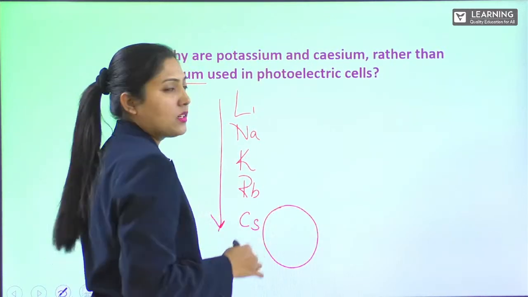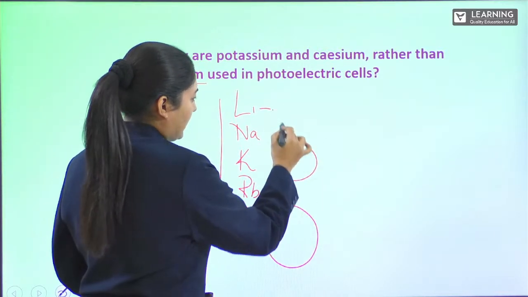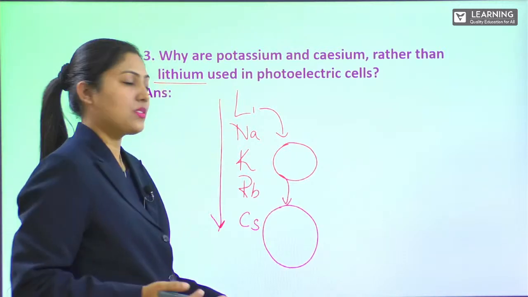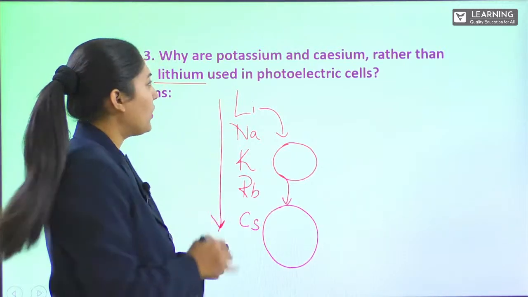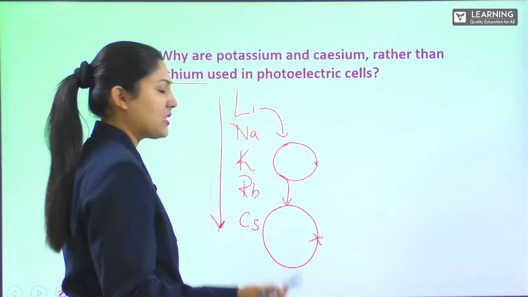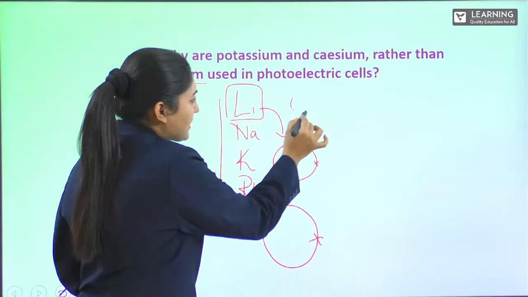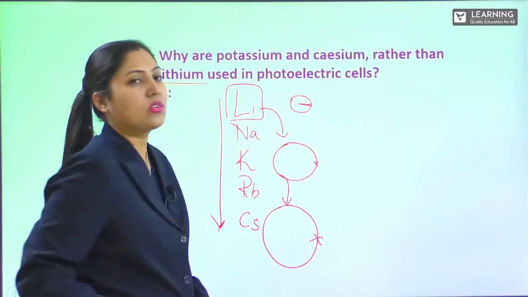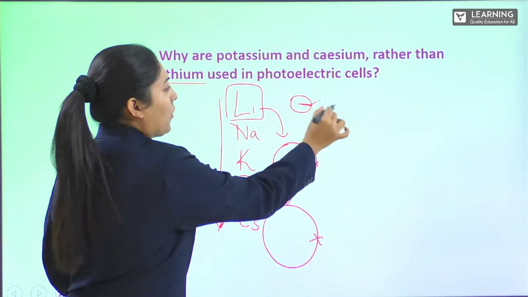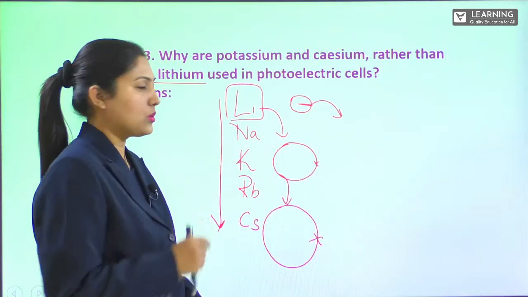The size of potassium is larger than that of lithium, and the size of cesium is even larger than that of potassium. So the electron can be removed easily from potassium and cesium than from lithium. As we know, lithium size is very small and it has a high effective nuclear charge on the outermost electron, and hence more energy is required to remove the electron from lithium.